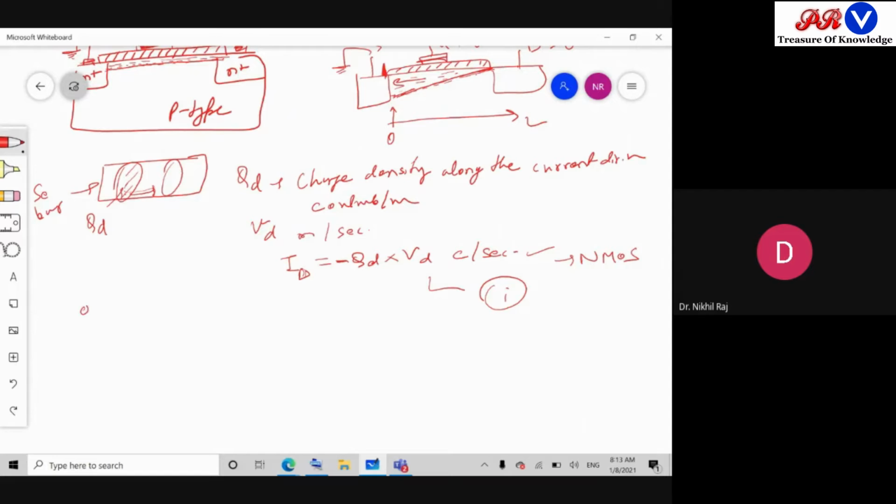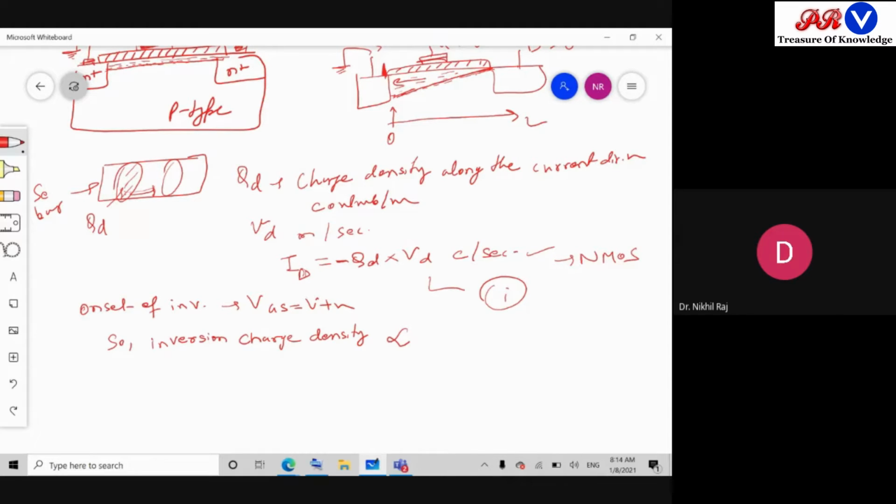Now we know that onset of inversion, or just the inversion when the channel has been created, it is created only when VGS is equal to VTH. Okay, so we can say that any charge density within the channel, any inversion charge density in the channel, will be proportional to what?